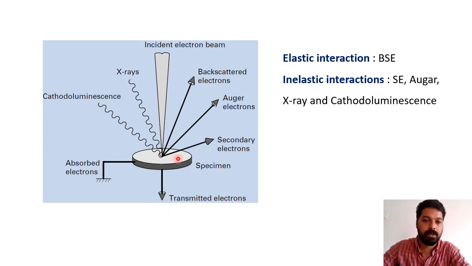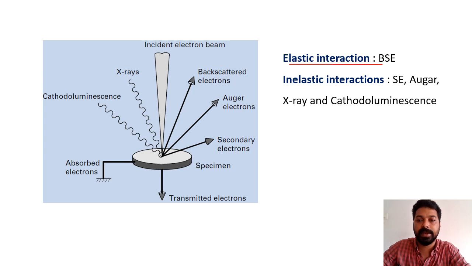Right now we shall concentrate on the reflected electrons. I told you, when a primary electron beam falls on a specimen, certain electrons are reflected back, something like a 90-degree reflection you can see over here. This backscattered electron is an elastic interaction, because the electron is reflected back without any modification.